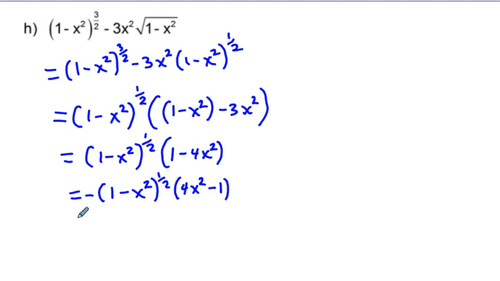We can use a difference of squares now, so we have negative, and what I'm going to do is take this 1 minus x squared to the 1/2 power and rewrite this in radical form. So we have the square root of 1 minus x squared, and then we're going to have this difference of squares here.